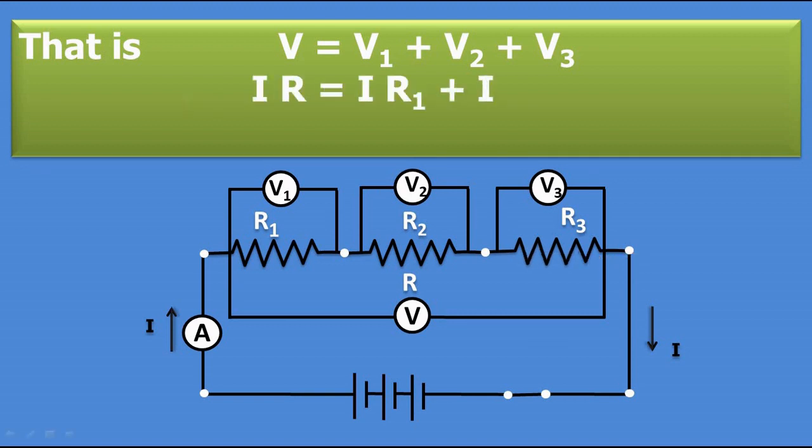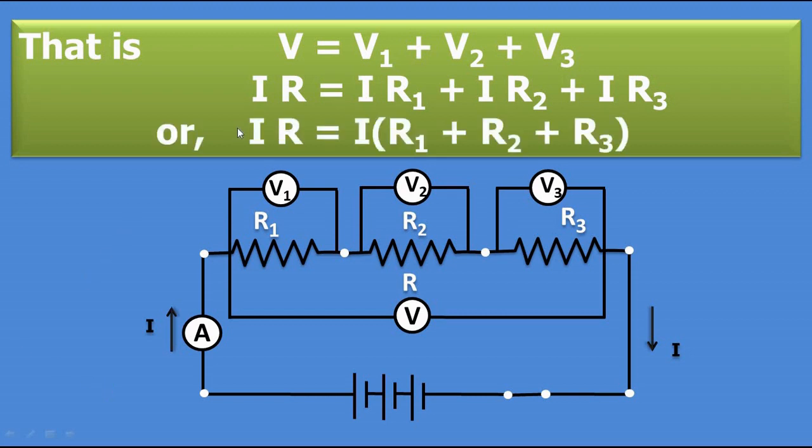On applying Ohm's law, we can write V as IR and V1 as IR1, V2 as IR2, V3 as IR3. I is common and we can write IR equal to I into R1 plus R2 plus R3.